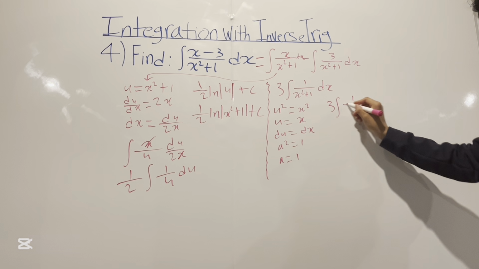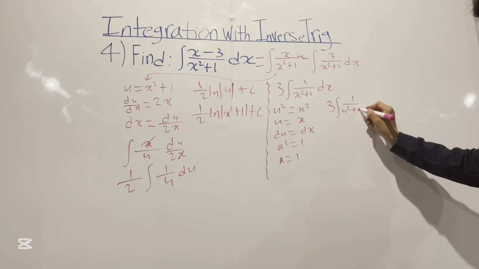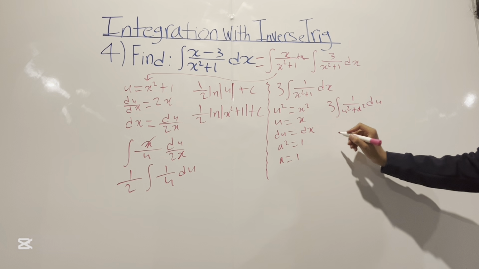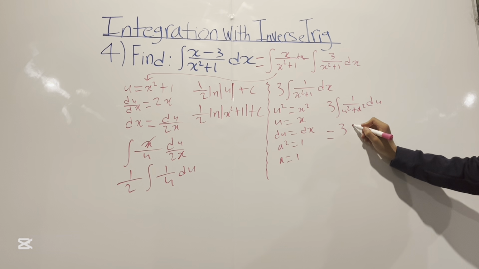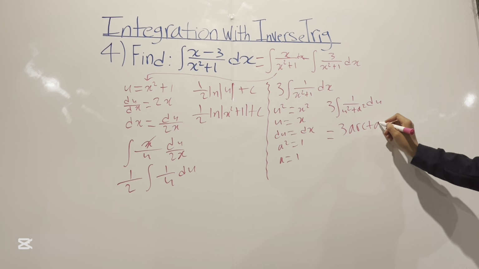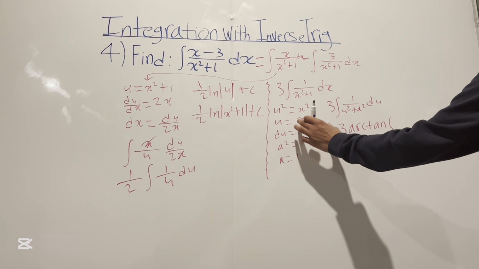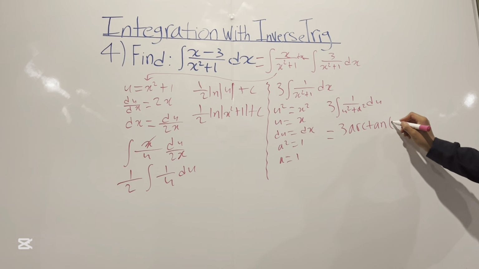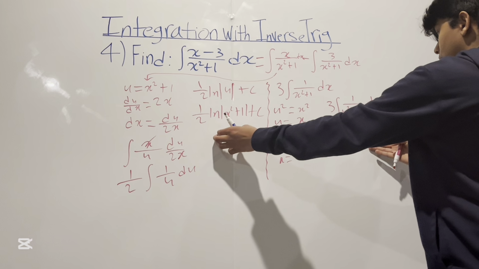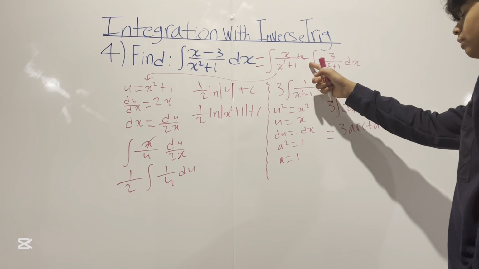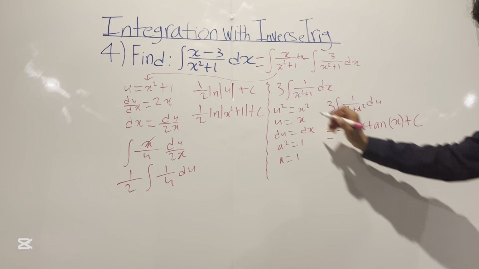3 integral 1 over u squared plus a squared du. This is equal to 3 over 1, which is just 3, arctan of u over a, which is just x, plus c. Now we have to combine both of these, but actually there's a negative here, so this should be negative.